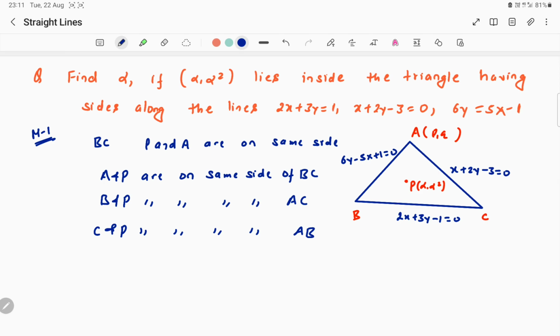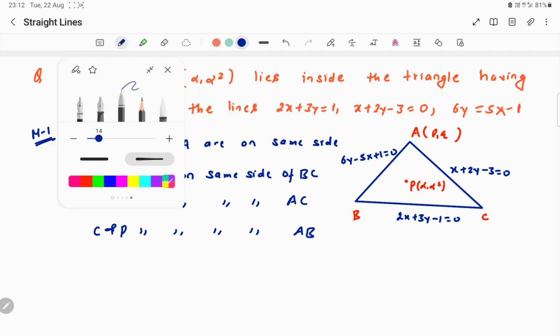If you apply these conditions, this is sufficient and you will ensure that the point lies inside. But I can see a lot of calculations are involved here, so I will solve with the second method and give the final answer. You try to solve this using this method and see if you get the same answer. But I hope the logic is clear.